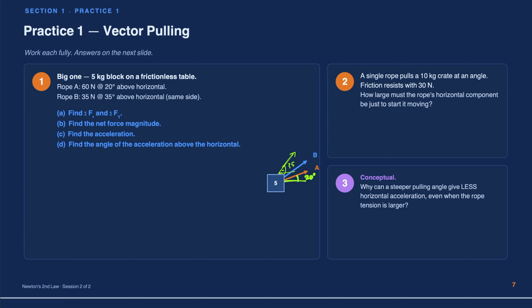Net force X. So are they both in the same direction? Think about it. They are, right? Because both of them are pointing up and rightward. So I'm just going to add the forces here. And I count rightward to be positive, so my net force is going to be positive.